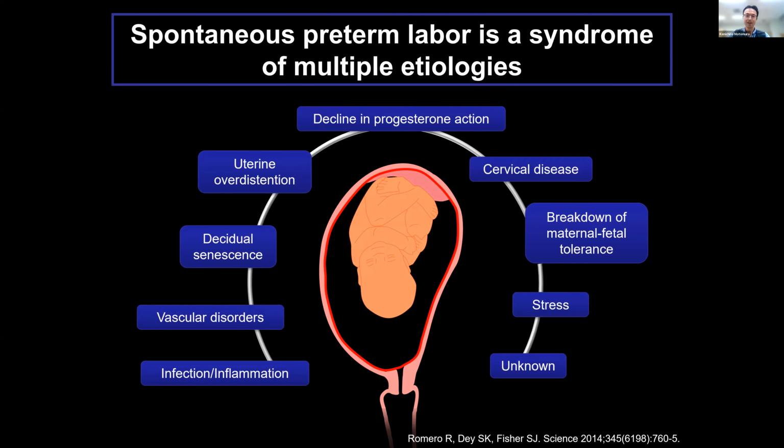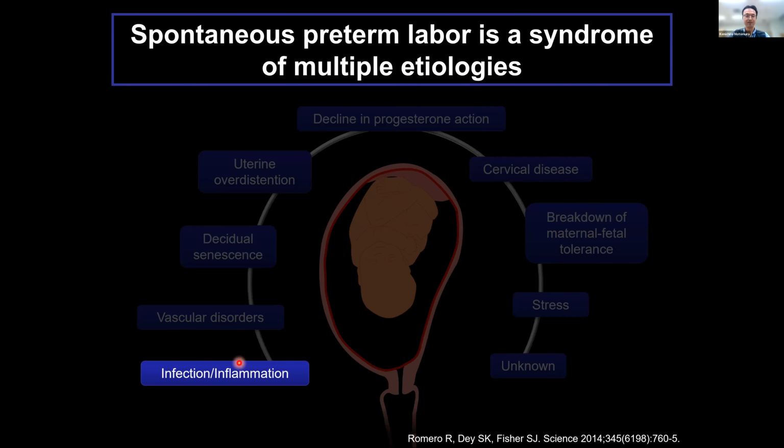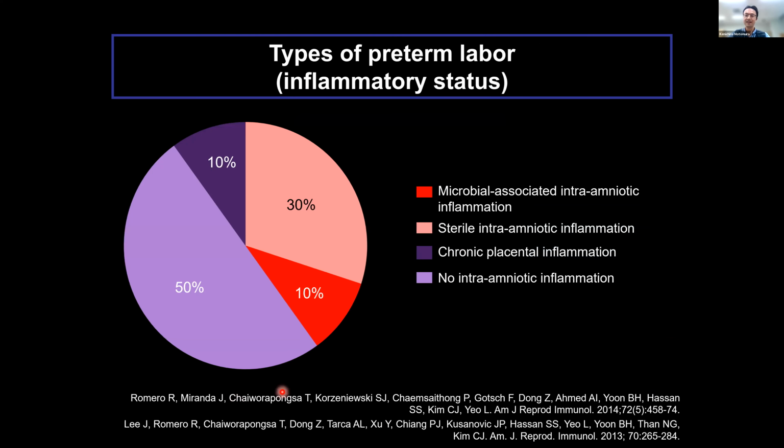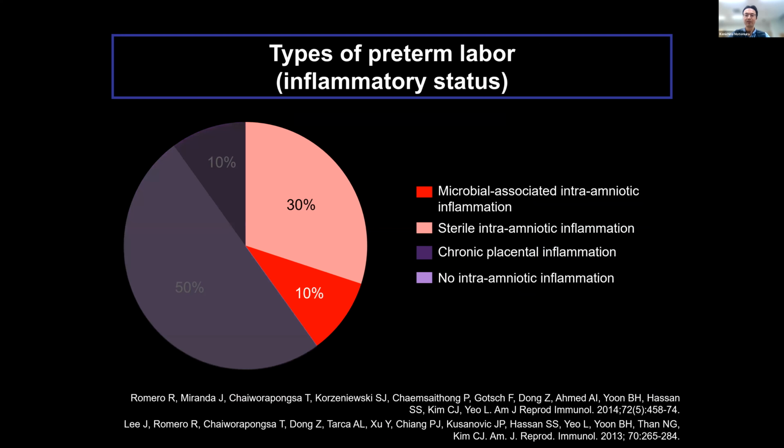Among these, intra-amniotic infection and inflammation is causally linked to preterm labor. Indeed, if we classify the types of preterm labor by inflammatory status of amniotic fluid, 40% of them are either microbial associated, also known as intra-amniotic infection, or sterile intra-amniotic inflammation.